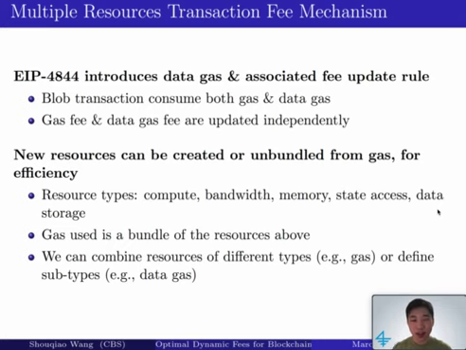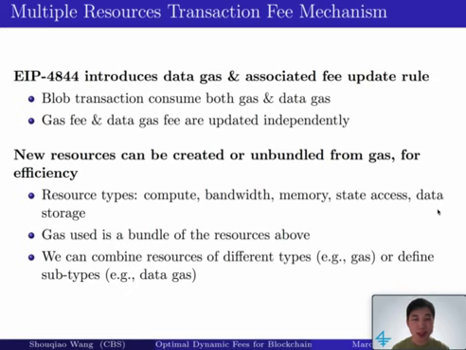Today, the resources such as compute, bandwidth, storage, they're all bundled together, which we call gas. In the future, we may see different kinds of resources being created. A very natural way to create new resources is that we can unbundle gas and rebundle them into new resources.